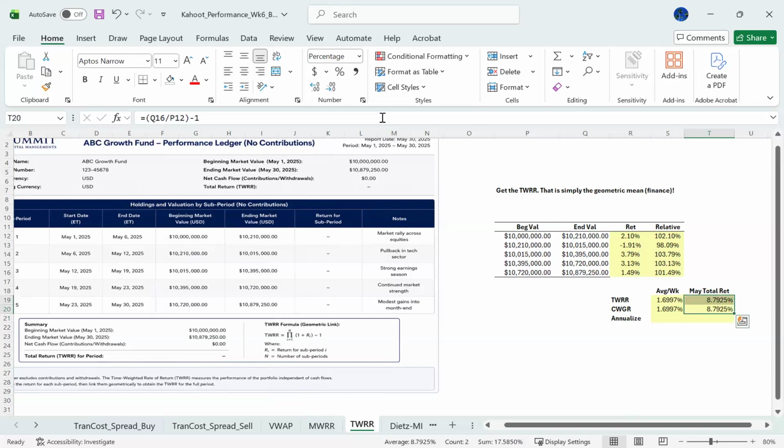This is the overall return for May. This is the overall return for each of these weeks. If we go over May, then we would take 1 plus the return in May. Any of these two is the same. And then we raise it to the power of 12, -1. So that would be the effective annual rate: 1 plus the periodic rate raised to the power of the number of periods in a year, -1.